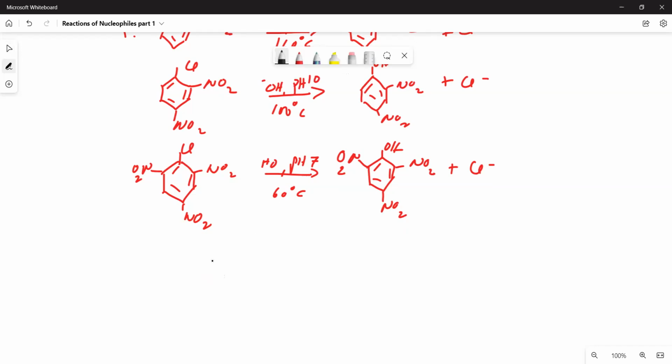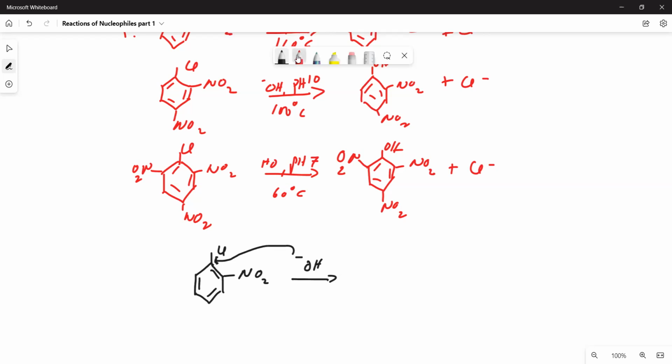Okay, if you have the electron withdrawing groups, take note that the rate of the reaction is always dependent on the activation energy. Okay, and to illustrate that in our first example, if you have an electron withdrawing group at the ortho and you have the nucleophile replacing that, okay, that will not be replaced directly.